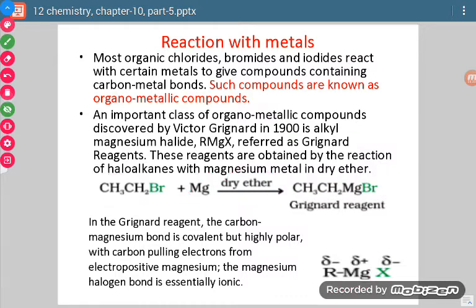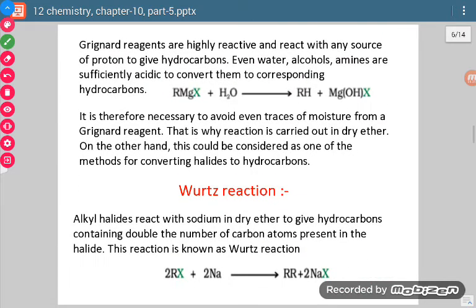Okay, now Grignard reagents are highly reactive and they react with any source of proton to give hydrocarbons. Now see, if you want to use this Grignard reagent for certain reaction, then we have to take care that there must not be presence of water, because what is their nature?